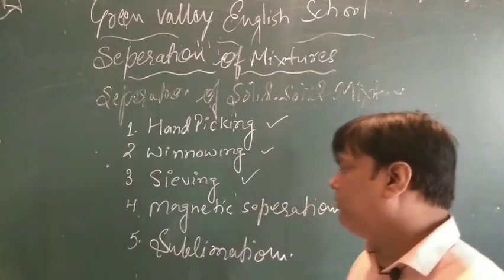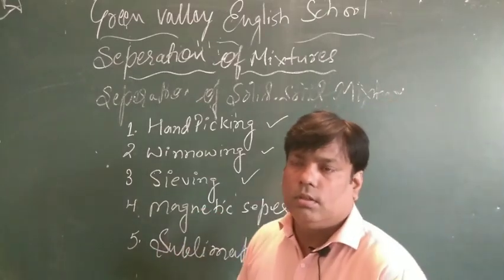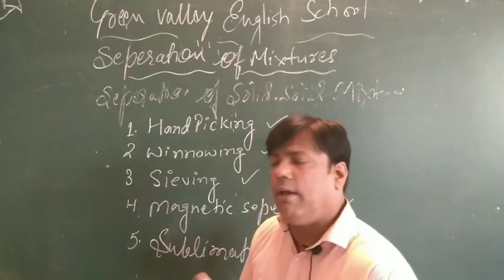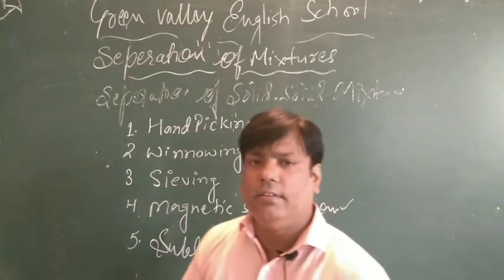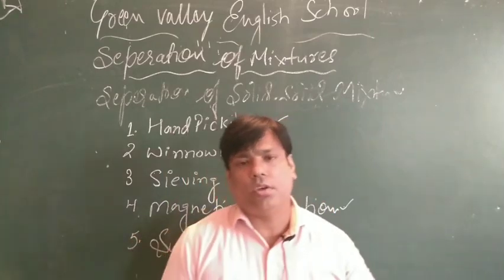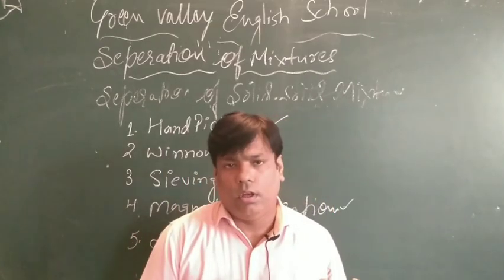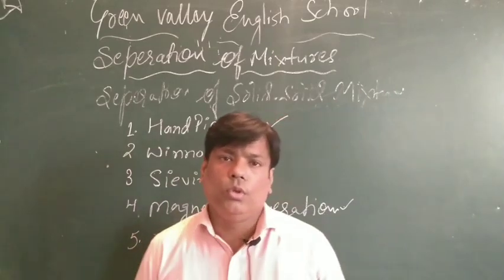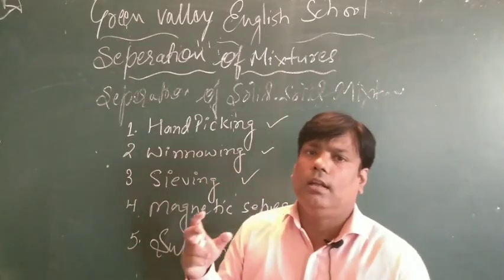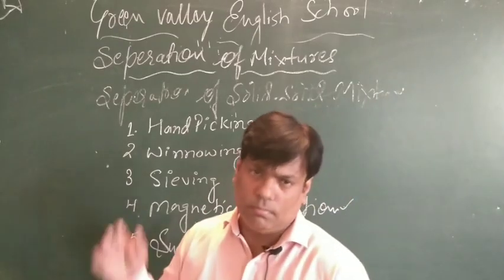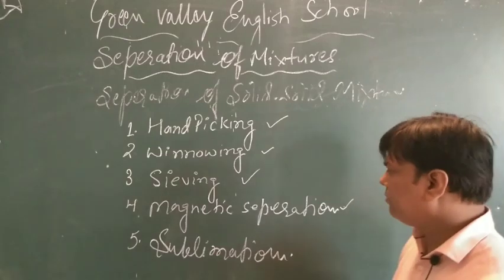With the help of a magnet we can separate those components of a mixture which have magnetic property, just like iron. Suppose I have a mixture of iron and sulfur and I want to separate iron from it. Then use a magnet to separate the iron filings from the sulfur.